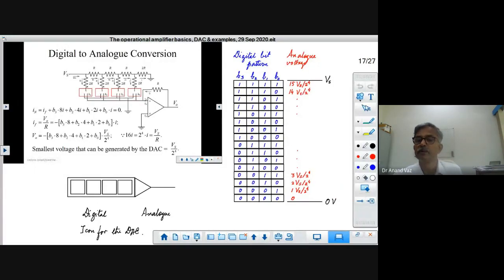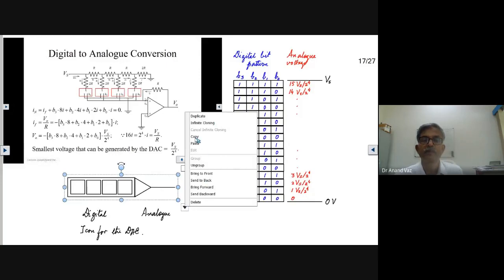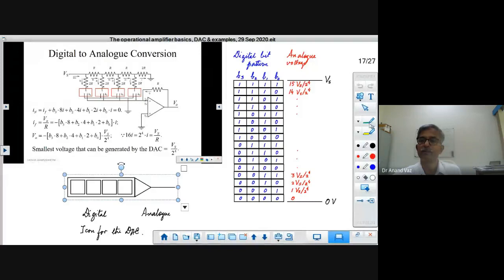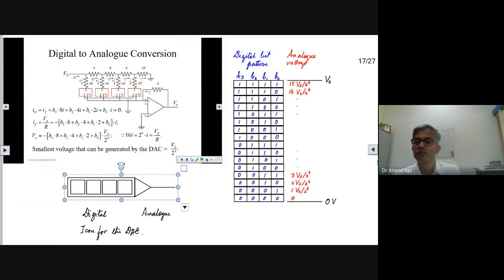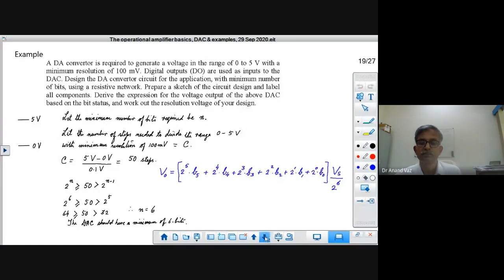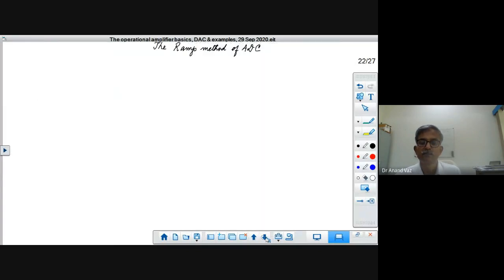Yes, we have it here. So we'll copy this symbol. That saves us the labor of doing it all over again. And we'll paste it over here.